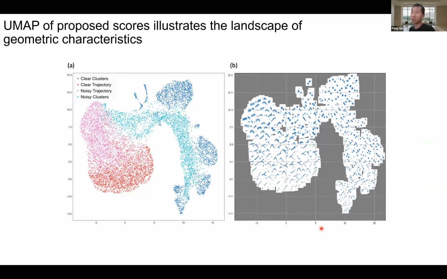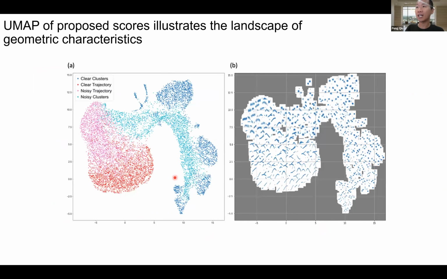Then what we did was take the 12,000 data sets we simulated and give each data set 5 scores. Now let's imagine each data set is a point in a 5-dimensional space, and then we use UMAP to visualize that 5-dimensional space in 2D, and this is what we get.